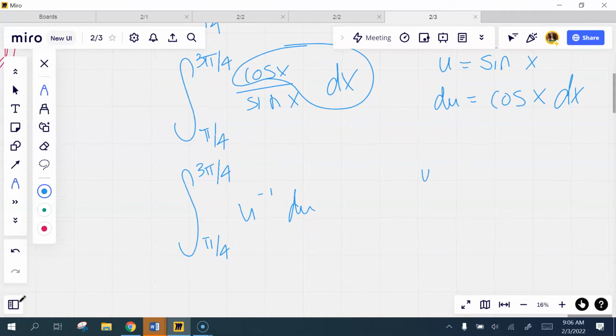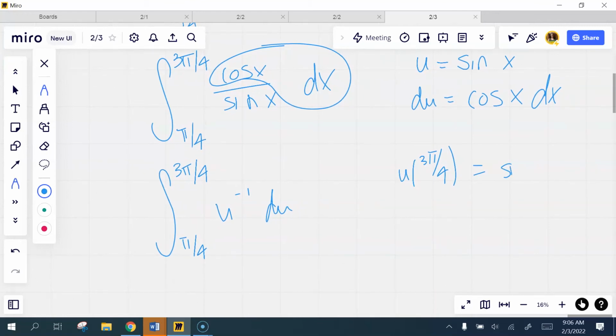So u of 3 pi over 4, nice that these are just sine and cosine problems, right? The sine of 3 pi over 4, it's over 4. That should be easy for you. Just got to know what quadrant you're in. I was waiting on y'all to tell me the actual value.